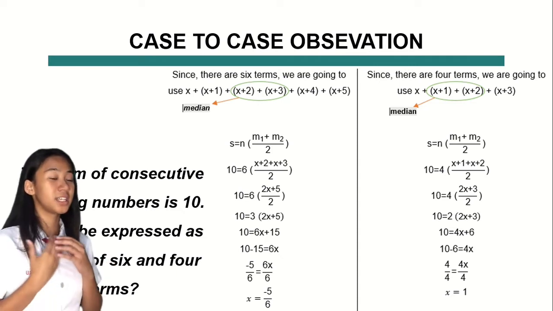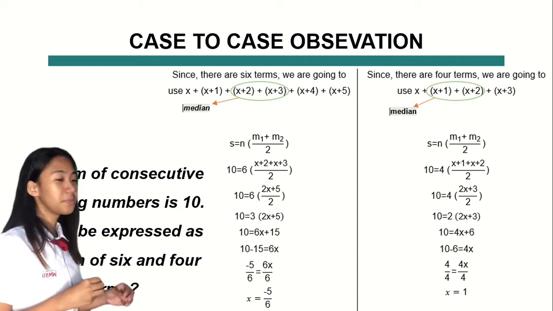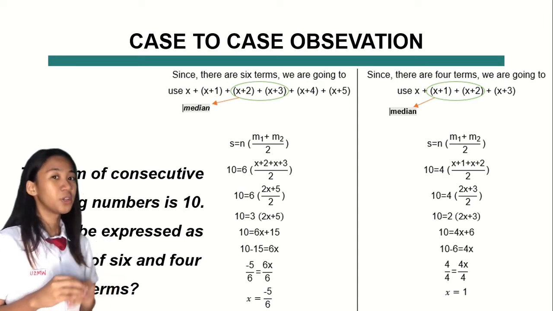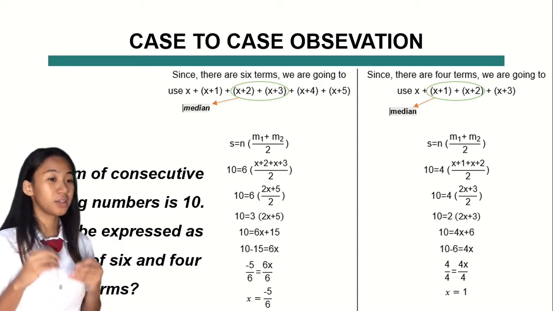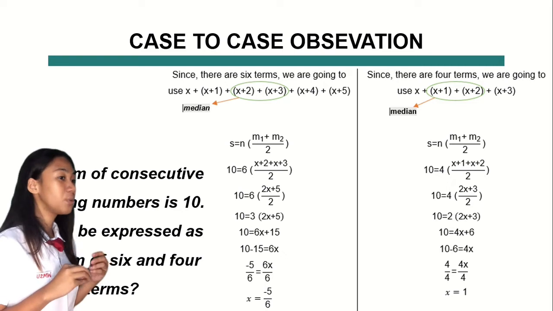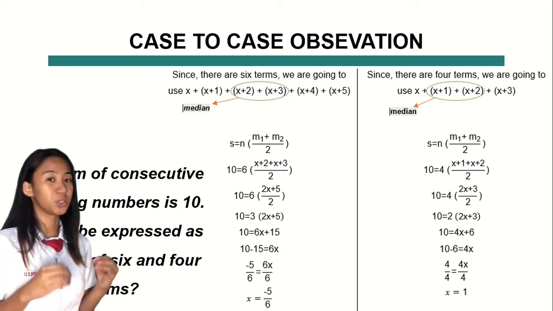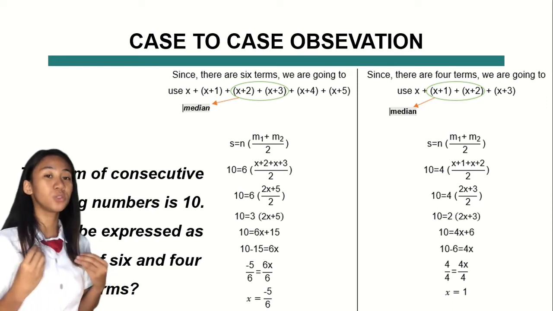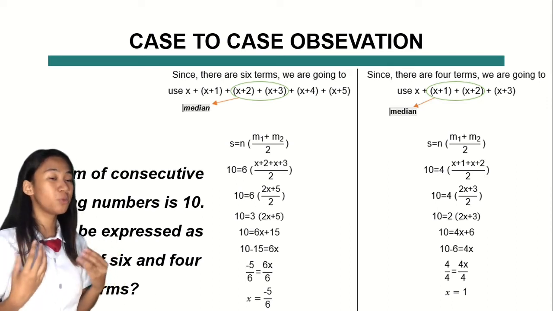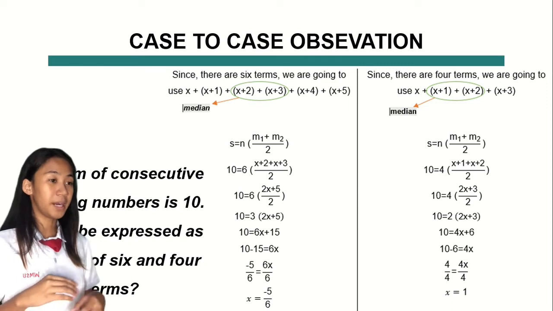The next given is 4 terms. Since we have 4 terms, and 4 is an even number, we are still going to use the formula we used earlier. S is equal to N multiplied by the quantity of M sub 1 plus M sub 2 divided by 2.